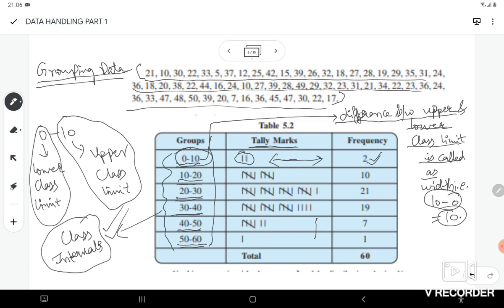Why do we use this? So that it becomes easy to represent the data, and it is mostly used in case of continuous data.